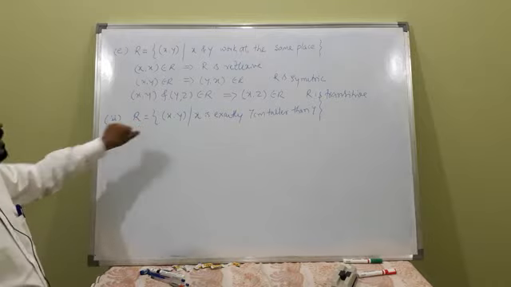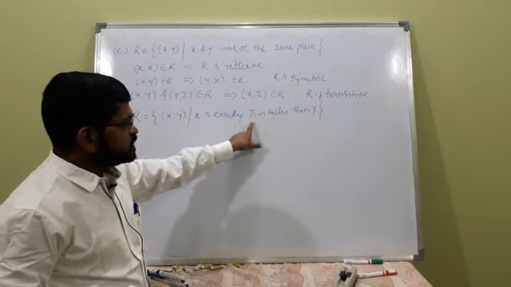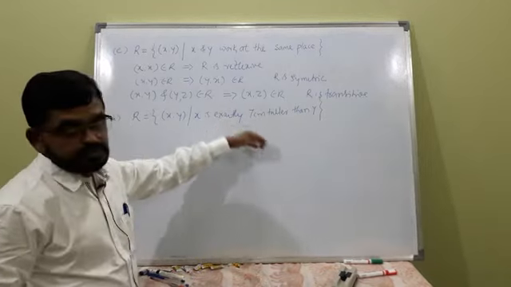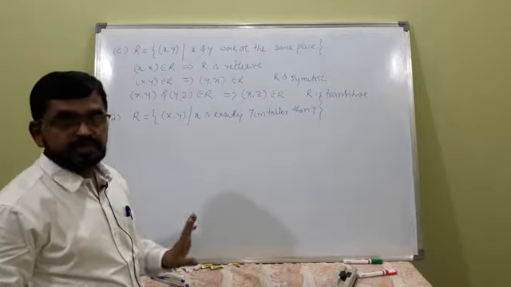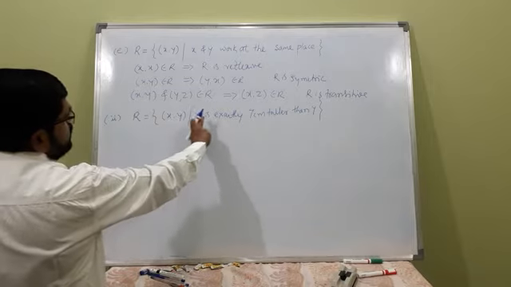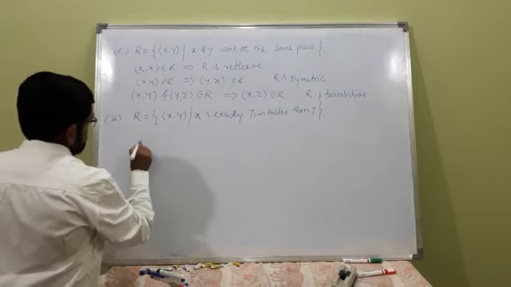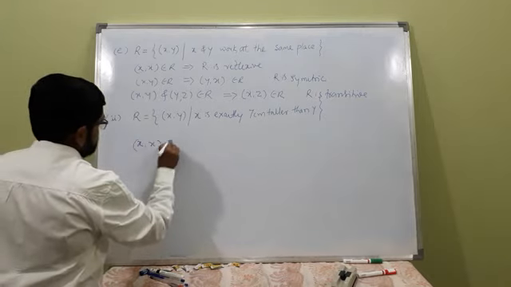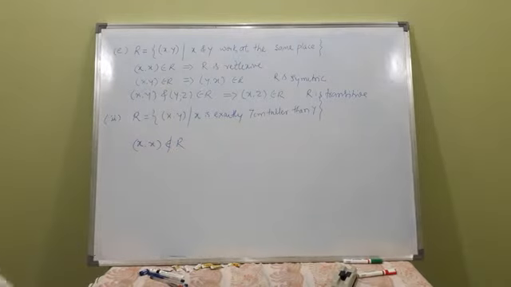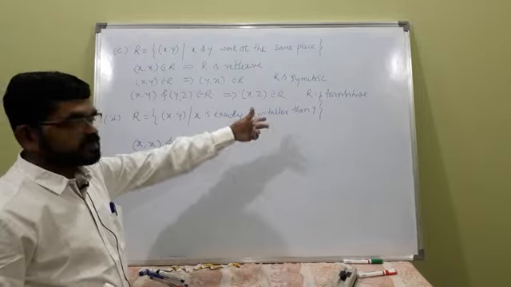See here, another one. (x, y) such that x is exactly 7 centimeter taller than y. These are all related to persons, human beings. x cannot belong to R with itself, because a person himself cannot be 7 centimeter taller than himself.